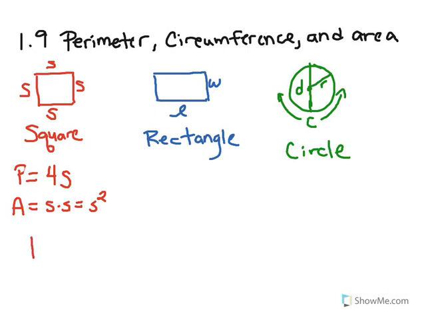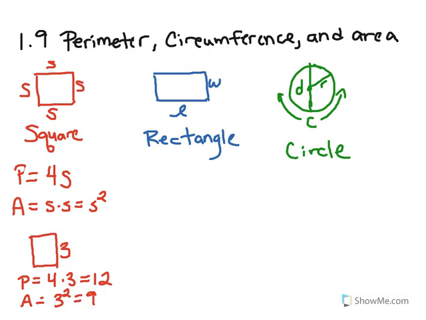So if we take an example, let's say we have this square here, and one of its sides is equal to 3. That means the perimeter is going to be 4 of those 3's added together, which gives me 12. And the area is going to be 3 squared, which is 9.